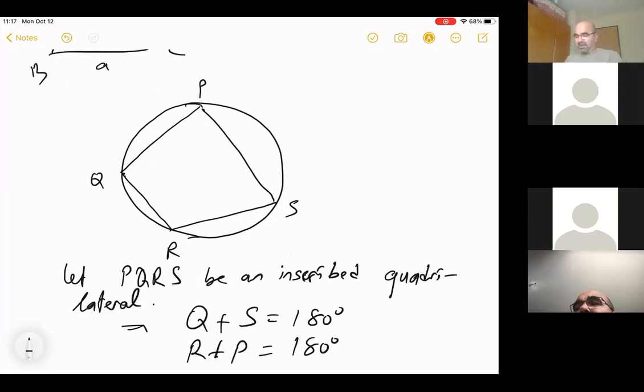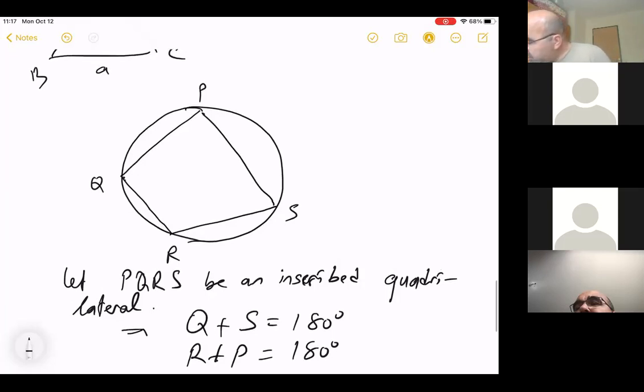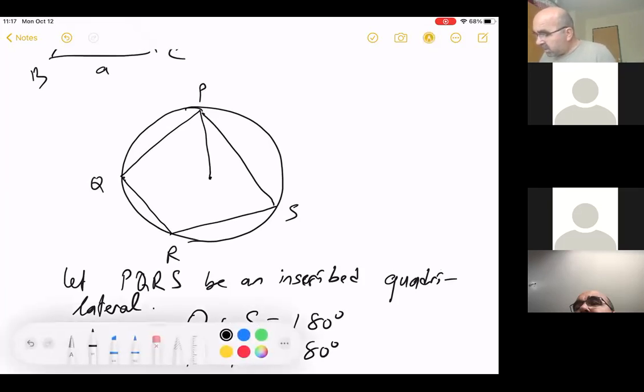I didn't know this before. So how do you show this? The proof follows like this. Why is that? If you look at the center like this, let me draw this with different colors.